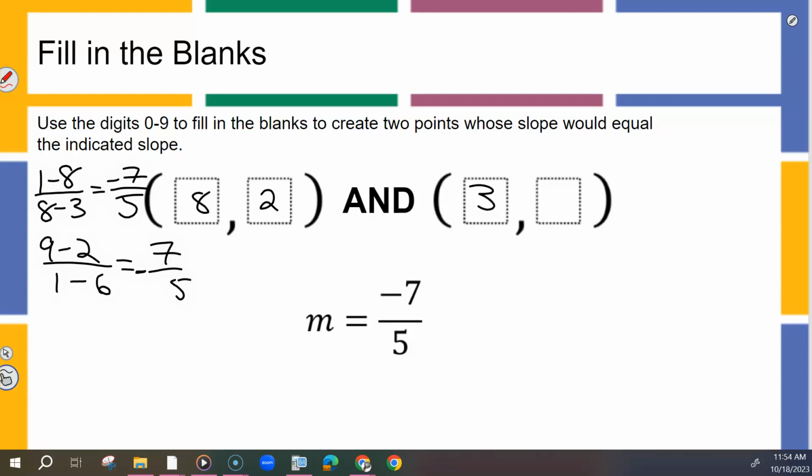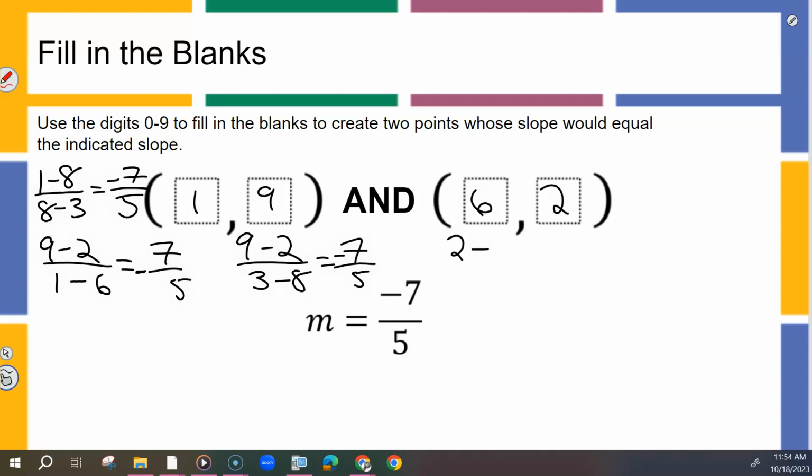Some of you used similar numbers. This one was Haley's: 1 minus 2 over 3 minus 8. So again, we have that negative 5 in the denominator, but it doesn't matter, you can move it. This one was Kate's: 2 minus 9 over 6 minus 1.